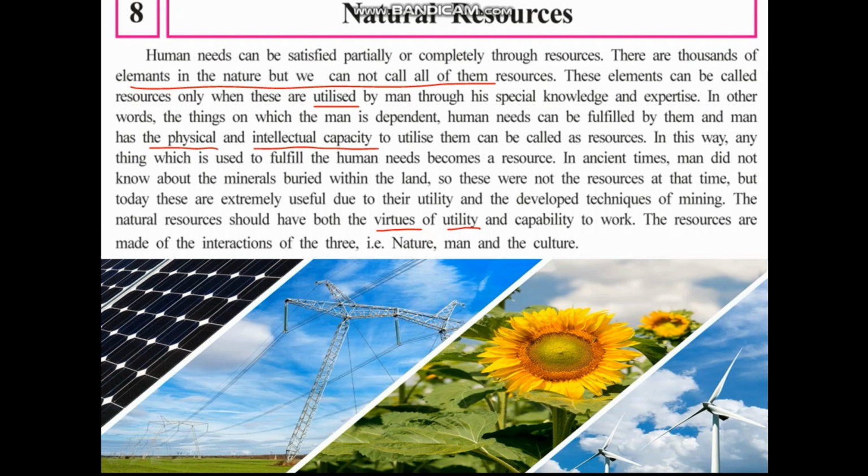But suppose you want to construct a house, then you can collect those stones, mix them with cement, and build a wall, then it is considered a resource. So if it has a utility and capability to work, then only it will be termed a resource. Resources are made of the interaction of three things: nature, man, and culture. These three things mix up and make the resource.